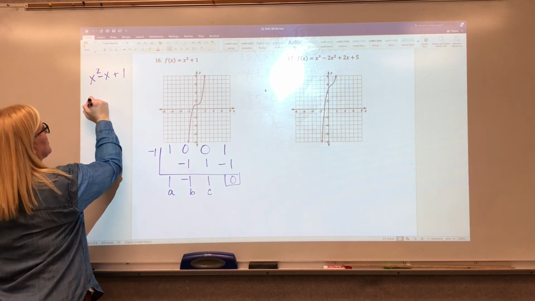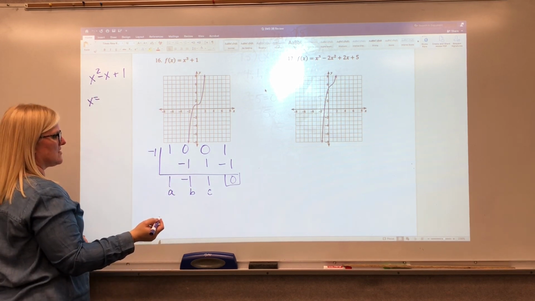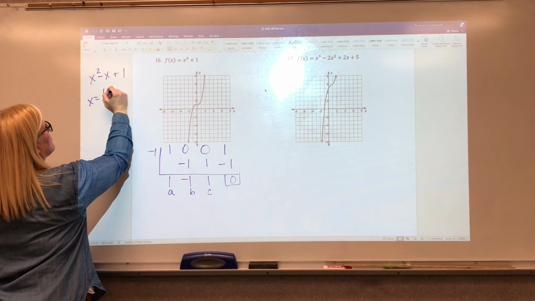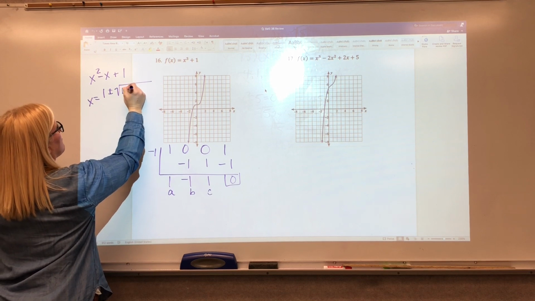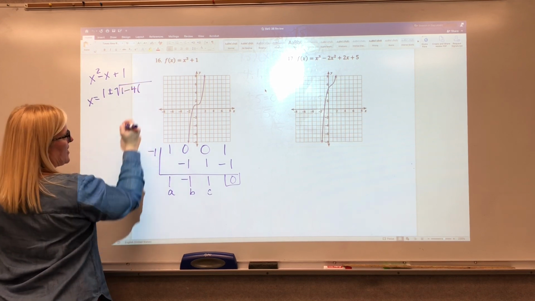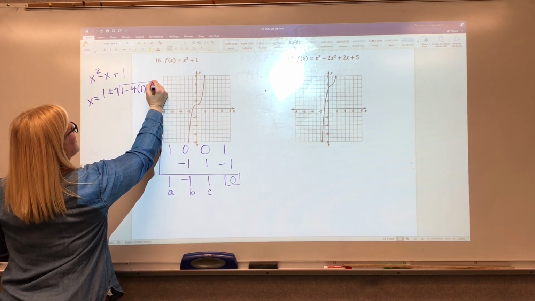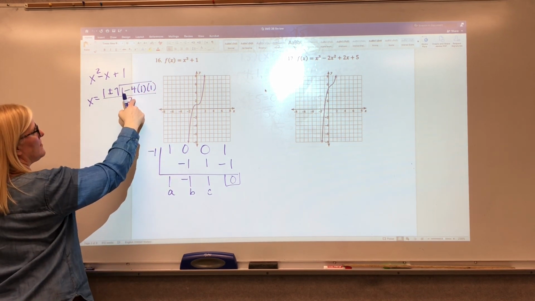So x equals -b. I feel like I just did this. Did I just do this? -1 plus or minus the square root of b squared, which is 1, minus 4 times, oh no I didn't, 4 times a times c, all over 2a, and a is 1.